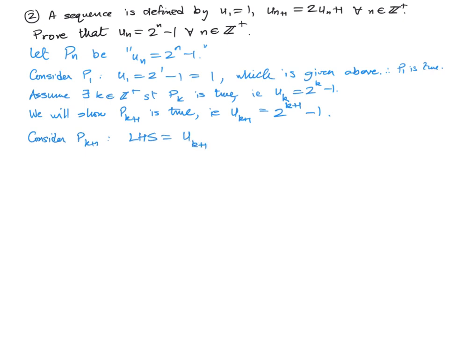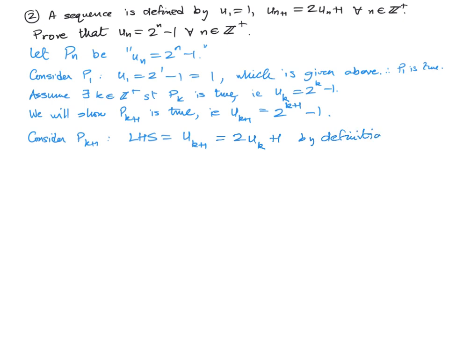Now, I want to make it look like this, but what I'm going to do is take the u sub k plus 1 and sub it into the originally defined sequence. I'm going to use this recursive formula. I'm going to plug it in over here. So it's equal to 2u sub k plus 1 by definition.